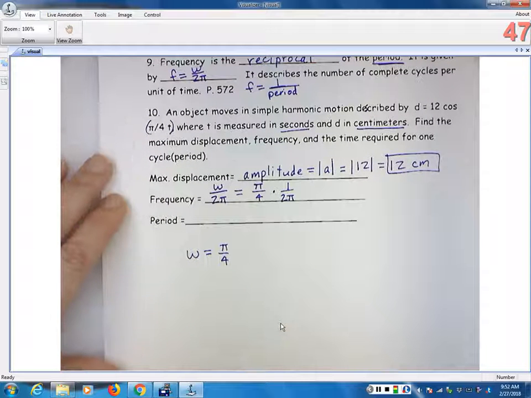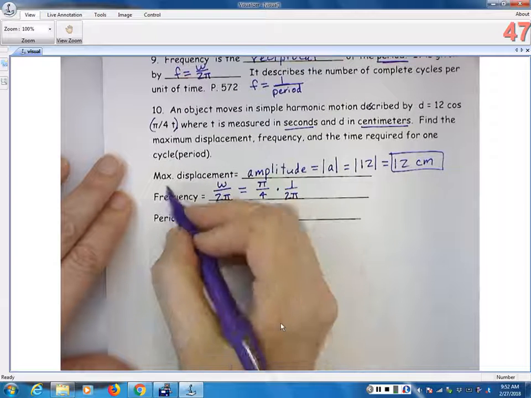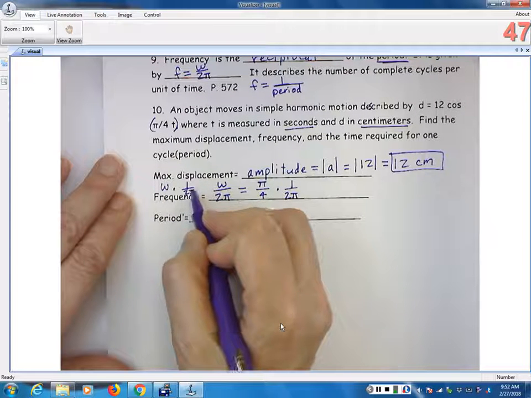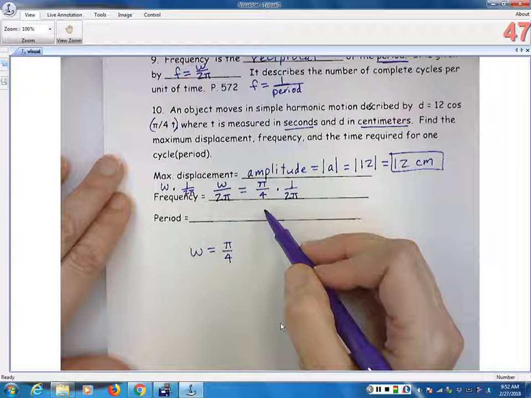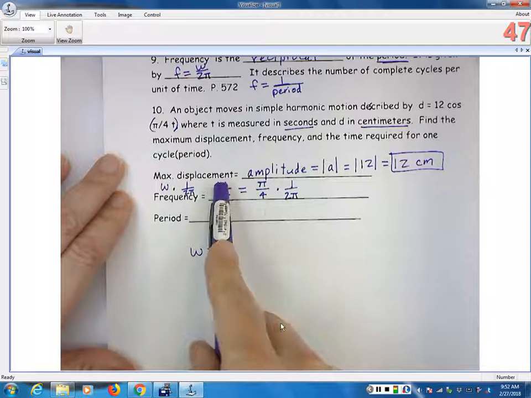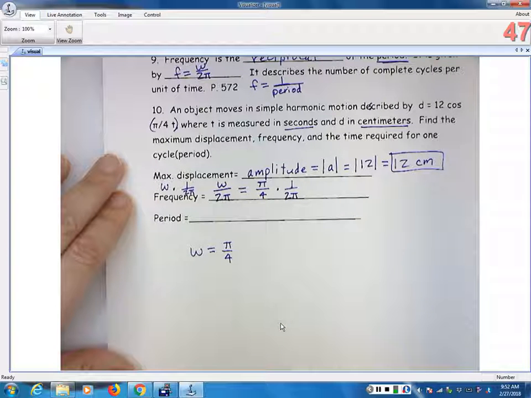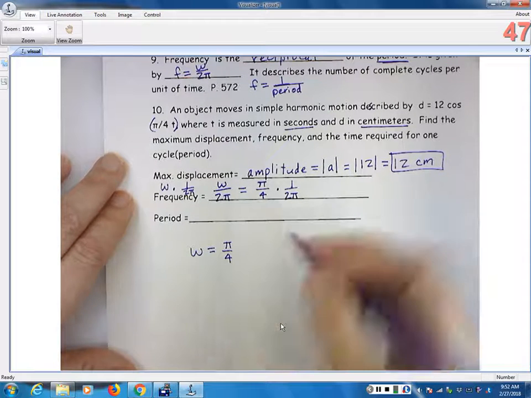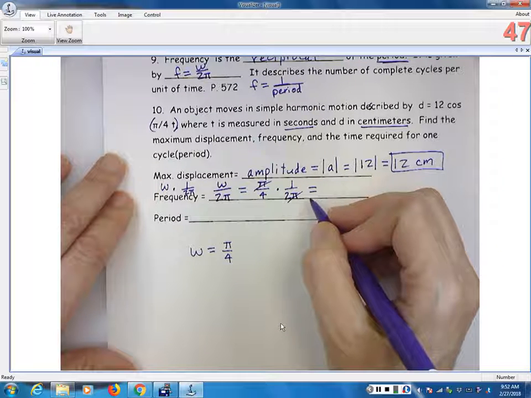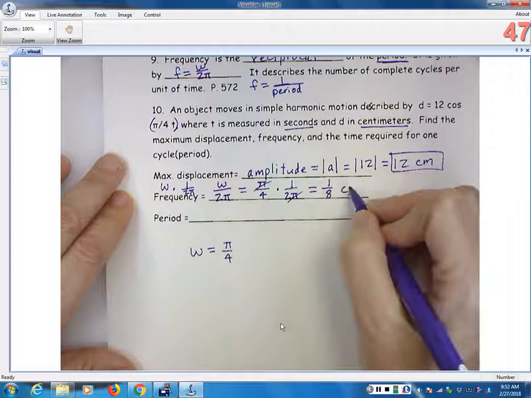Okay, did you follow why I did that? I just wrote this as omega times 1 over 2 pi. Since omega was a fraction, instead of omega over 2 pi, I wrote omega times 1 over 2 pi. Then cancel out the pi's, and you get 1/8. And that's cycles per second.